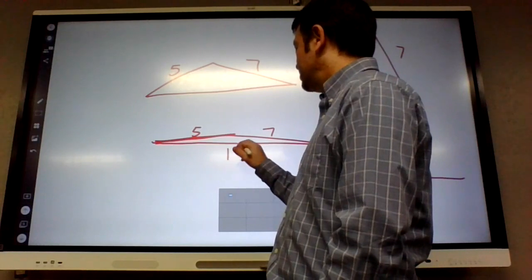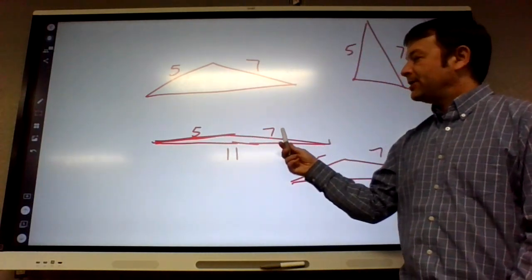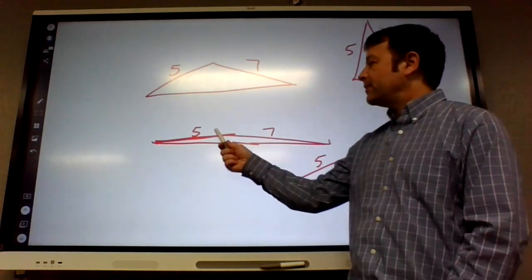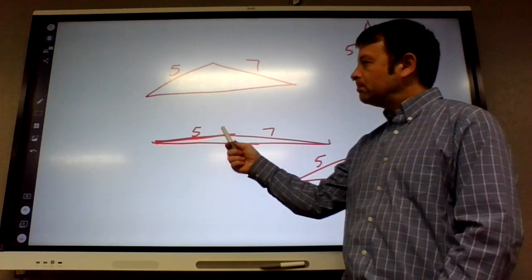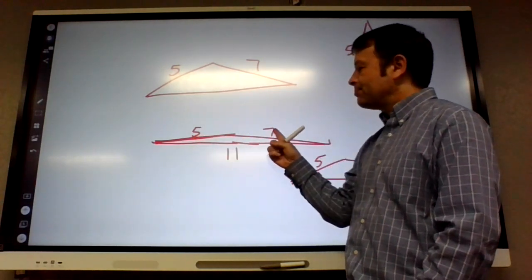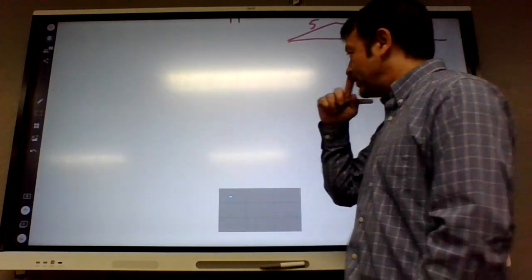You guys get that? Any two sides of a triangle have to add up to more than the third side, or else they wouldn't stretch far enough. So really you just need to usually check the smallest two and make sure they're bigger than the third one. Okay, so that's in one triangle.